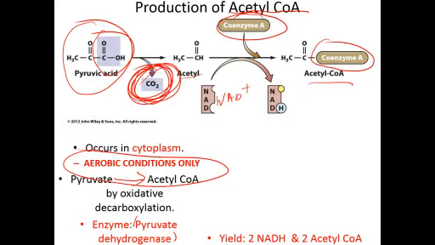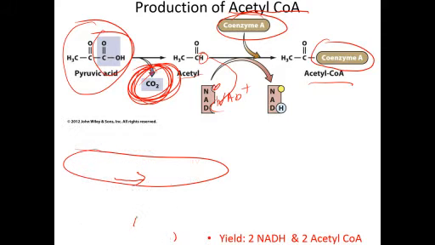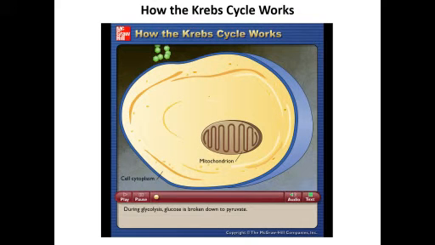Again, a dehydrogenase enzyme cleaves off hydrogen atoms, which happens here. That little hydrogen atom goes there, and electron. So moving on to the Krebs cycle.